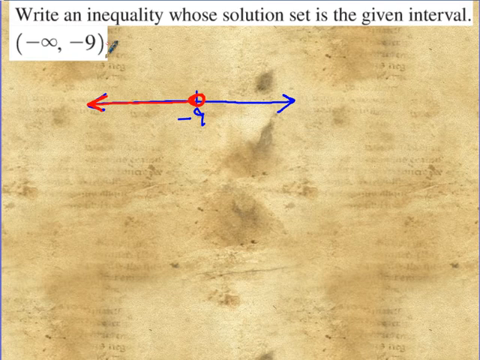Why open circle? Because it's not included. If you see a parenthesis, not included. If you see a bracket, it is included. Okay. Sometimes instead of using the open circle now, they'll use a parenthesis instead. So just in case you see that, that's what that means. If negative 9 is not included, they'll just put a parenthesis on.